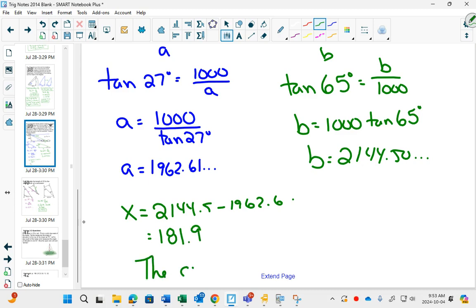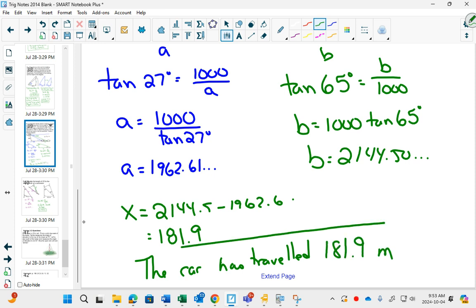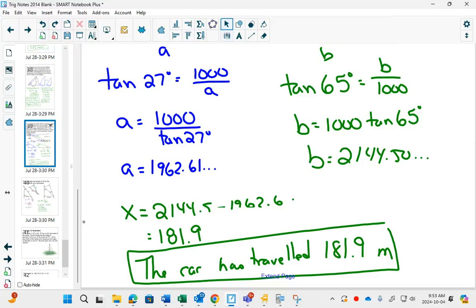It's a word problem. Look for your units. Put a box around your final answer. The car has traveled 181.9 meters.